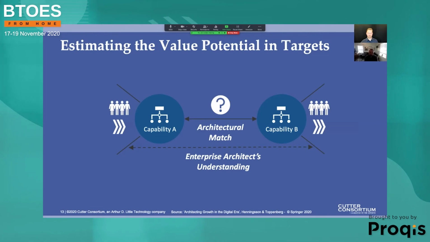This is your sweet spot. You can start to look at the acquirer and the acquiree currently, and almost like a reference architecture, build out a reference architecture for your company, and look at potential targets and try to understand the architectural match or mismatch in all of these different resources.